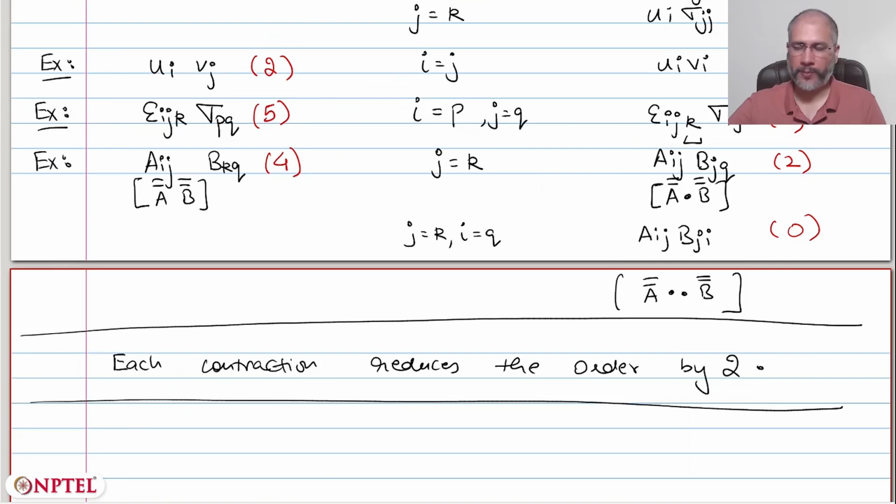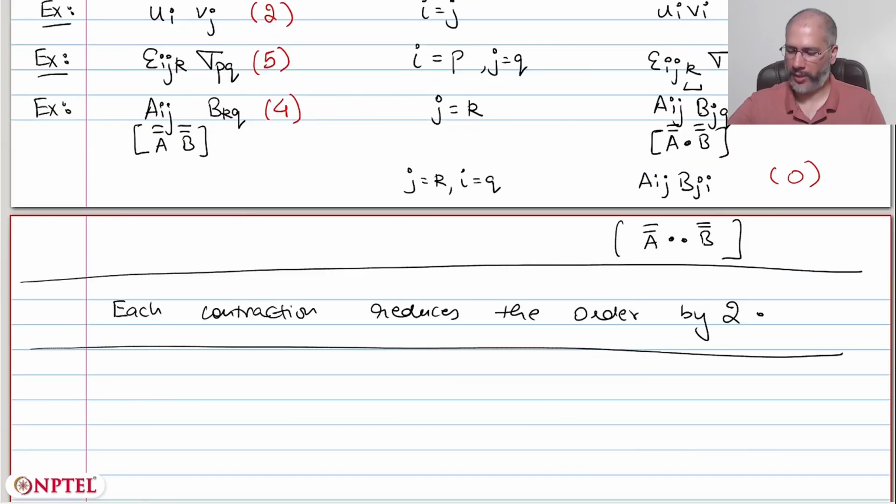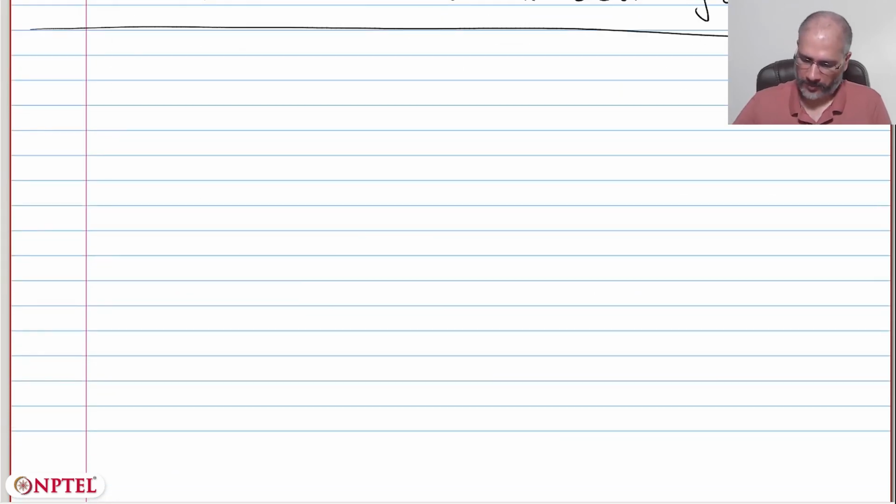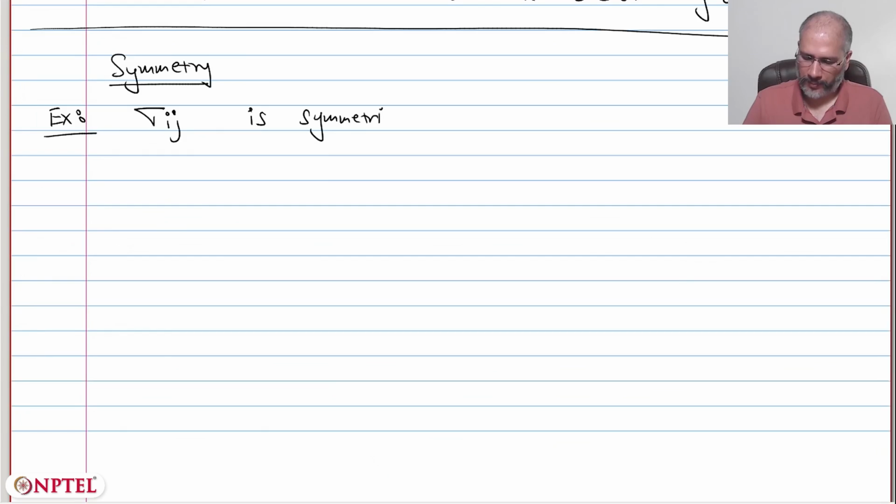So let's move on to the last topic of today's lecture, that is on symmetry of tensors. Well, you have some understanding or intuition of symmetry from the idea of matrices. So let's discuss this through examples again. So we say sigma_ij, which is a second order tensor in the indicial notation, we say it's symmetric if sigma_ij is the same as sigma_ji.